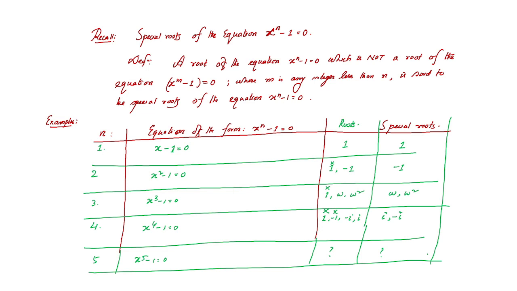Okay. So now we'll come to one important theorem for special roots, but before that we'll think about the roots of the equation x to the power n minus 1 equals 0. So now the recall is: first we'll find out the roots of the equation x to the power n minus 1 equals 0.